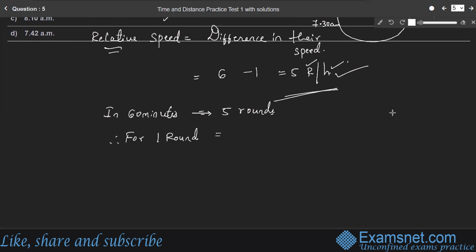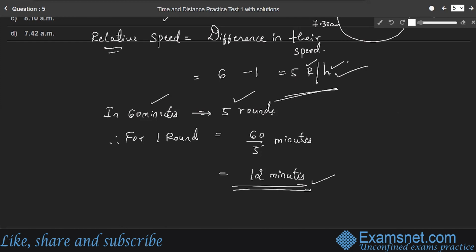For 5 rounds they take 60 minutes, so for one round they take 60 by 5 minutes. That means 12 minutes. That doesn't mean each body takes 12 minutes for one round.